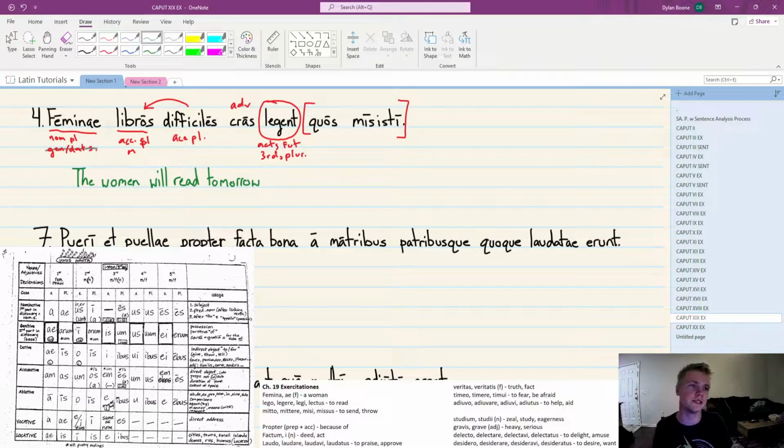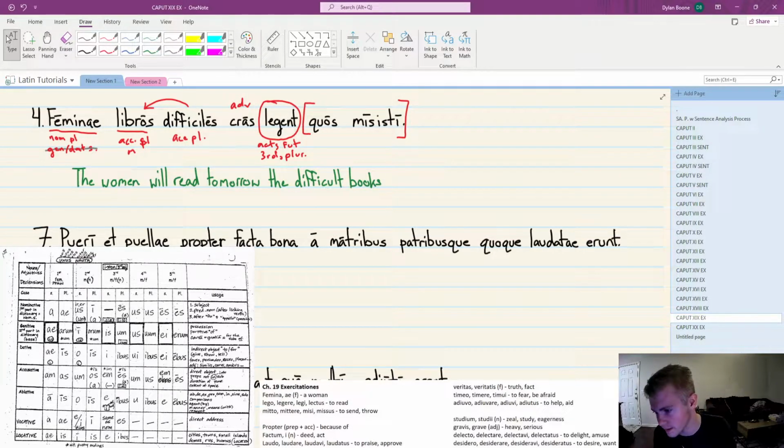What? The libros difficiles, the difficult books. Okay. So now we're at a relative pronoun. So quos is a relative pronoun. Like my rule of thumb, the os there is a plural ending. You can reference your chart.